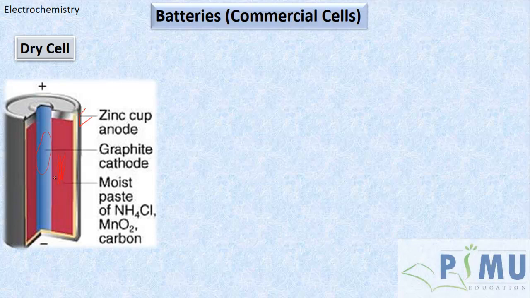In dry cell, the cathodic reaction is, at cathode, MnO2 reacts with NH4+ and an electron. Cathodic reaction is reduction, right?